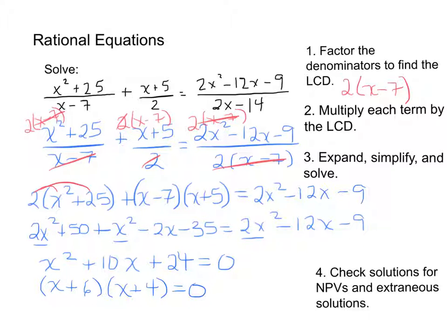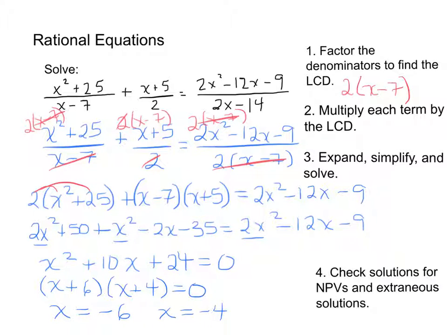X plus 6 times x plus 4, which means x equals negative 6, and x equals negative 4. The last step is to check solutions for non-permissible values and extraneous solutions. The non-permissible values in this one would be x cannot equal 7, right?